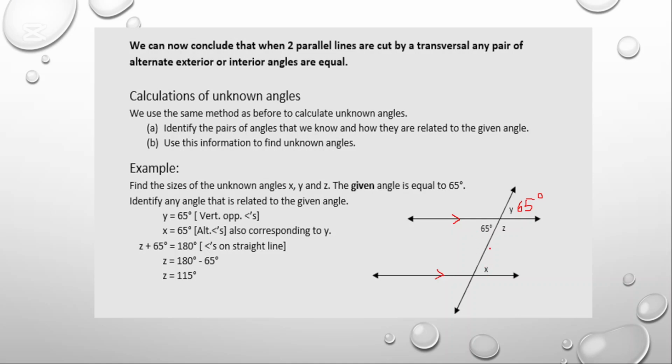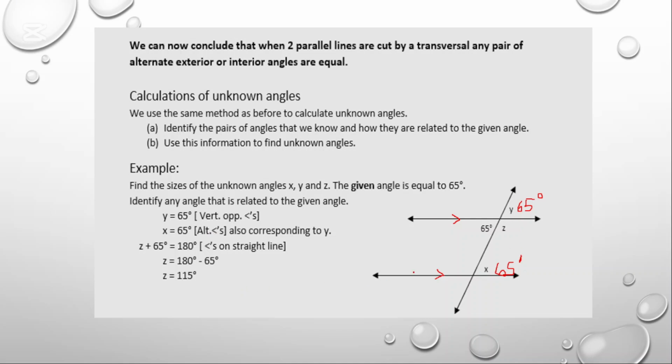So X must be equal to 65 also. So we write it in here. X is equal to 65 degrees, alternate angles. It's also corresponding with Y, but we only need one reason, right?